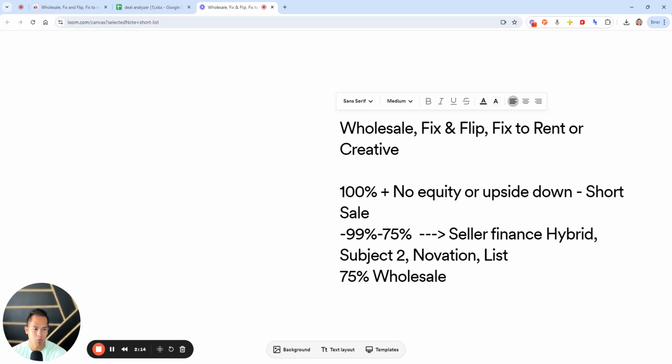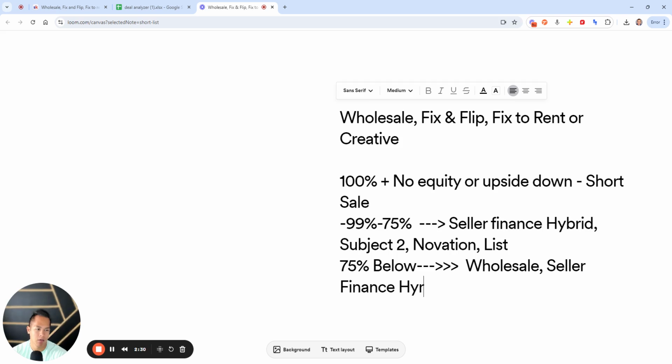It just depends on the condition of the property, but from 75% and below, we open up the offer box to whatever. At that point, we become wholesale. Really, it's wholesale, seller finance, hybrid, subject to, novation, list.